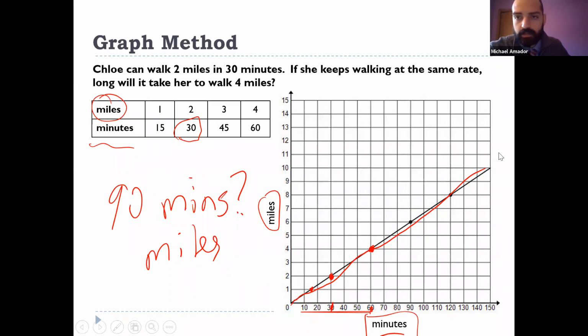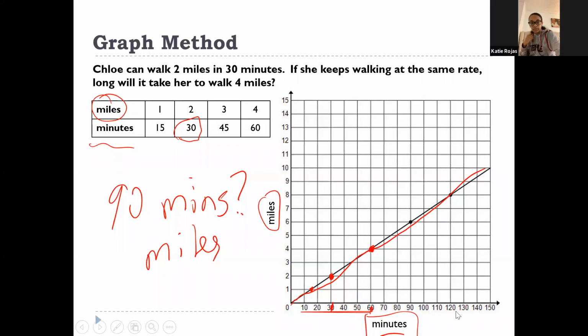Okay, let's go to Katie. For 90 minutes, she'll go 6 miles. And can you explain how you did that? Explain your process.